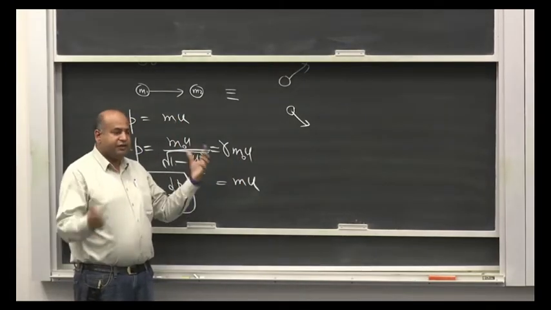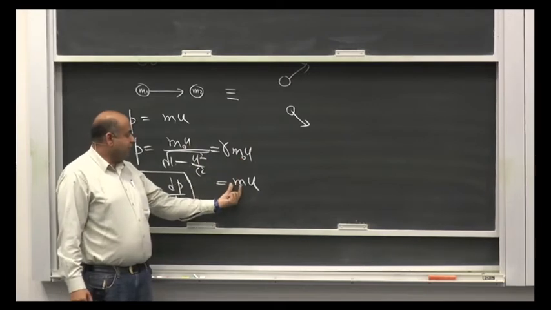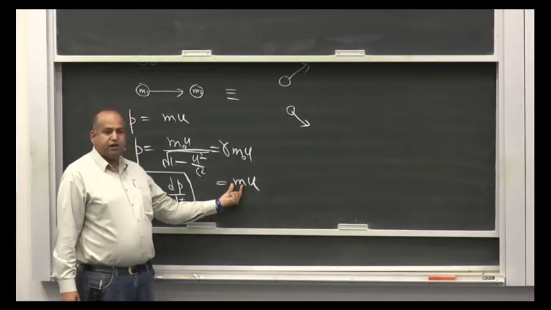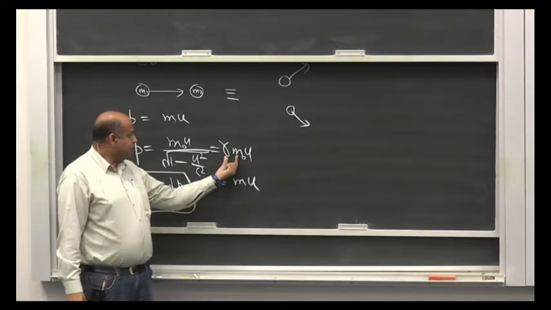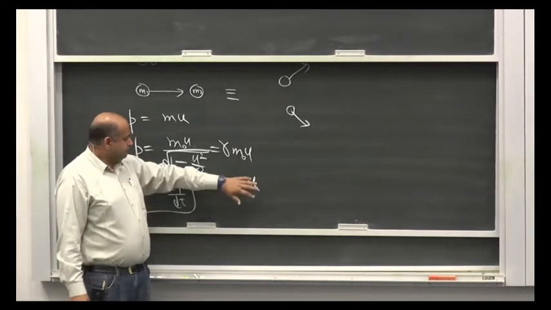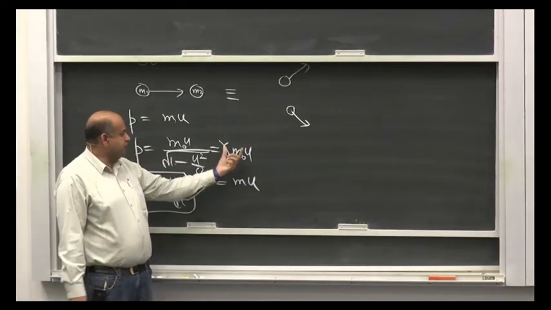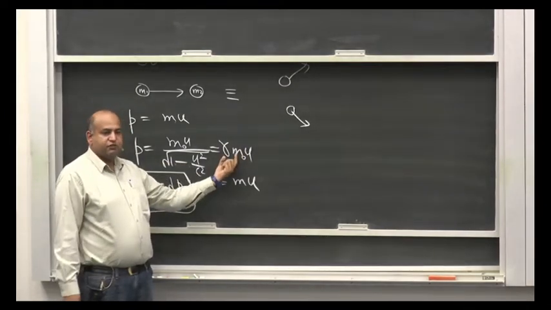So we interpret the relativistic momentum as mass times velocity, but mass is now dependent on velocity, so mass changes as velocity changes, but this is not needed. Why do we have to say this? We can simply work with only one mass instead of working with two masses.